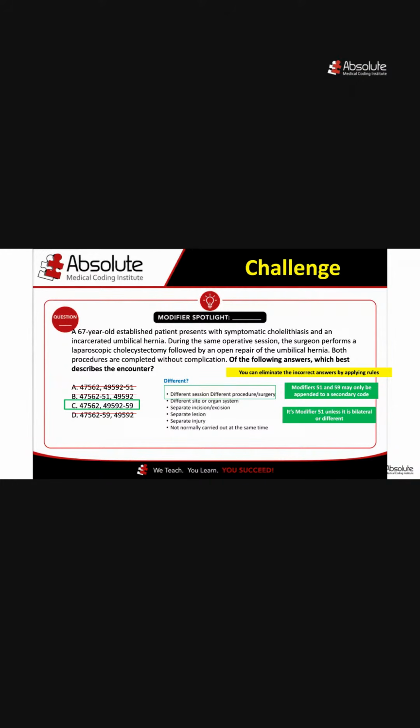Different body parts, different locations, although they went through the same way. Whenever you see laparoscopic, that means they went through the abdomen. And 9 times out of 10, if it's an umbilical hernia, they're going through the abdomen as well, but just different approaches. Very good. Good job, coders.